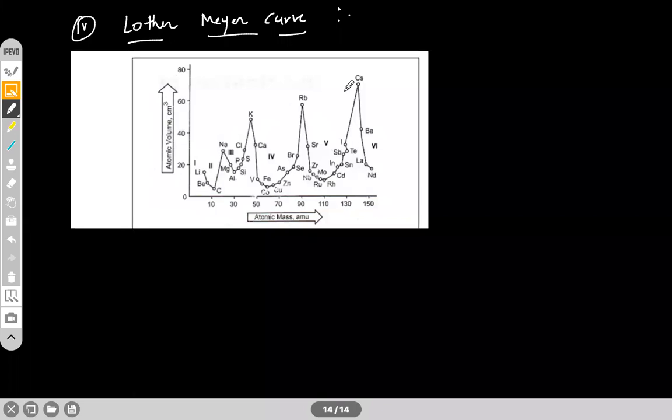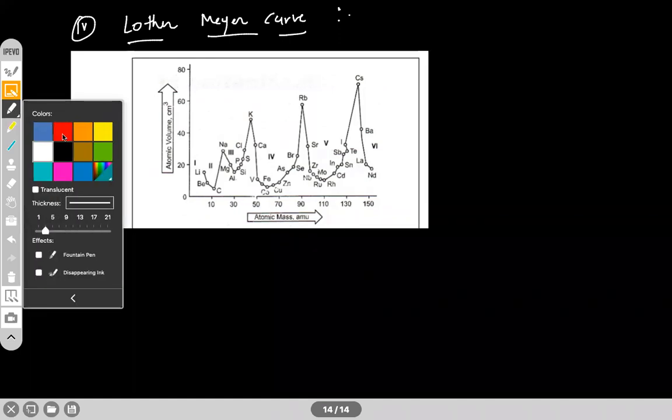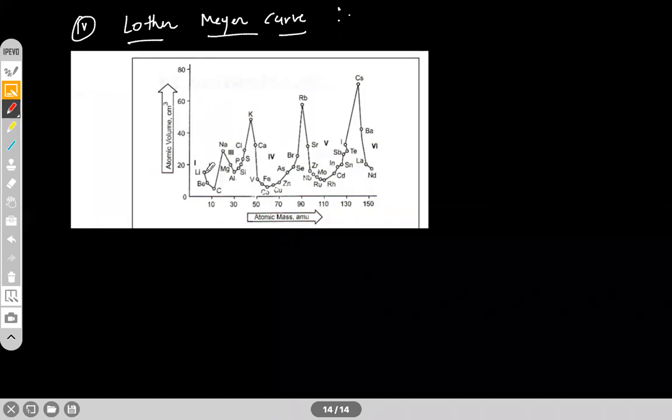What he observed here is that the most electropositive elements, the first group elements, occupy the peak of the graph: lithium, sodium, potassium, rubidium, cesium. Similarly, the second group elements are on the descending curve: beryllium, magnesium, calcium, strontium, barium.